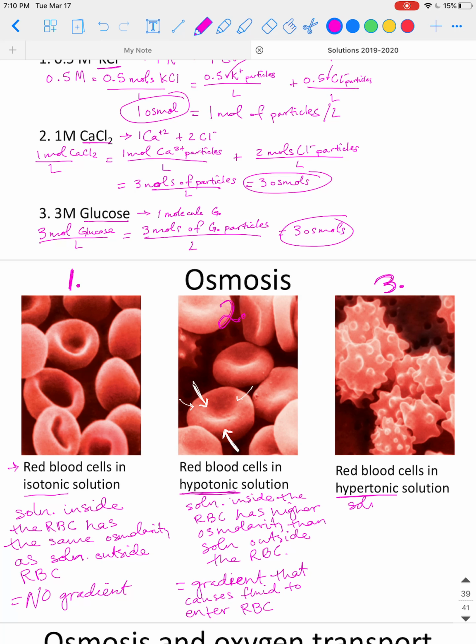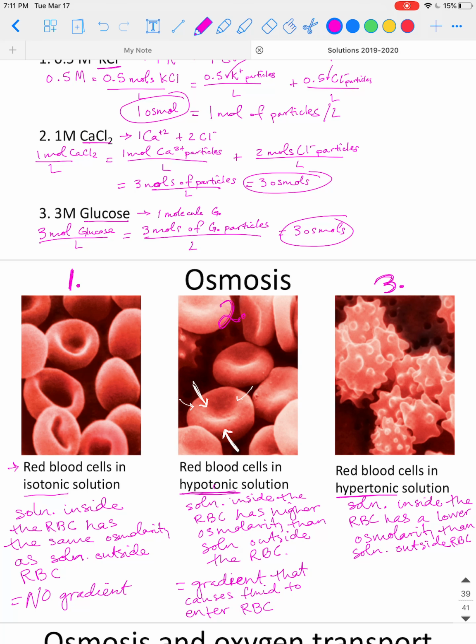Hypertonic means that the solution inside the red blood cells has a lower osmolarity than the solution outside the red blood cells.